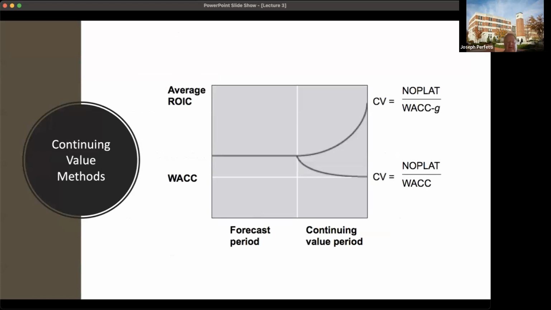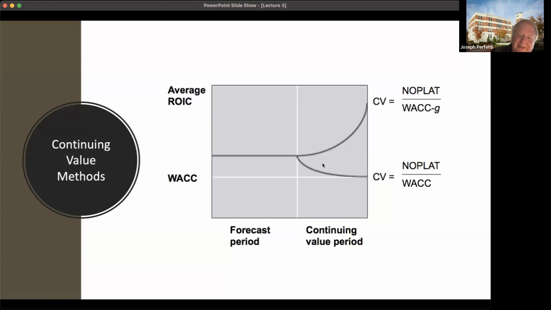The other thing to be aware of is what we use for continuing value. So this is just an argument for using the McKinsey key value driver equation as opposed to a straight perpetuity. The problem is when you use a straight perpetuity, free cash flow over R, NOPLAT over WACC, what you basically do in a continuing value is assume that new investments actually earn your cost of capital.